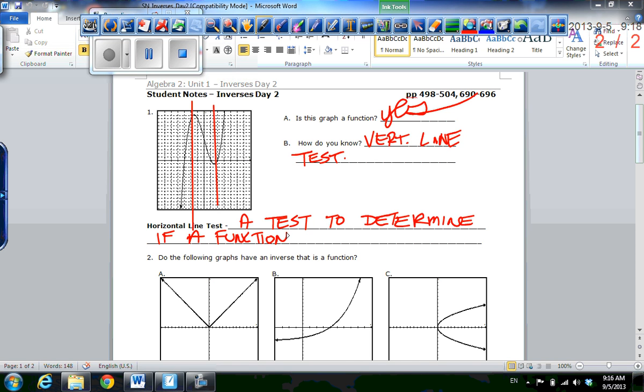One-to-one. What one-to-one means is if there is one x paired up with one y, and that's it.